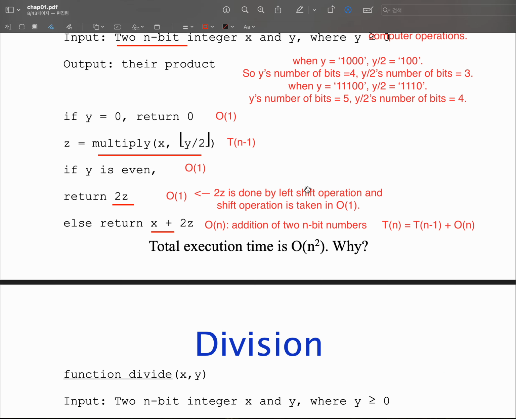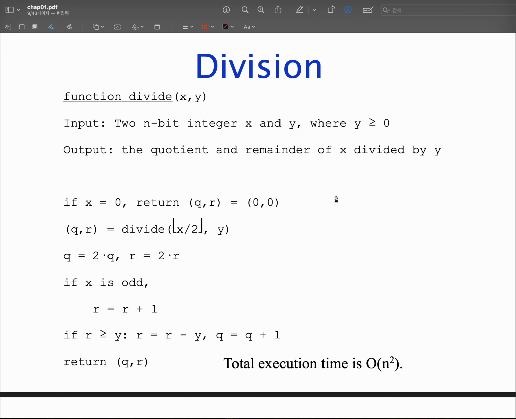Okay, and the next step is division. Division has two n-bit numbers, and there is some quotient and remainder of x divided by y. That is division, okay? And the division algorithm can be written like this, okay? So the basic idea is like this, like here. You have a divisor and quotient and remainder, and if you get doubled and doubled, okay, and then finally you have the result.